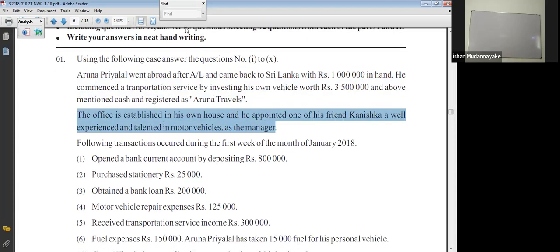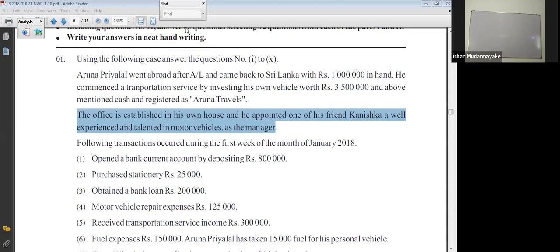Second sentence, Devmi, read the second sentence. The office is established in his own house and he appointed one of his friends, Kanishka, well experienced and talented in motor vehicles, as the manager.